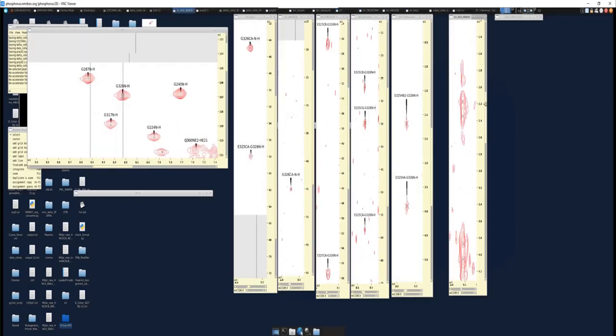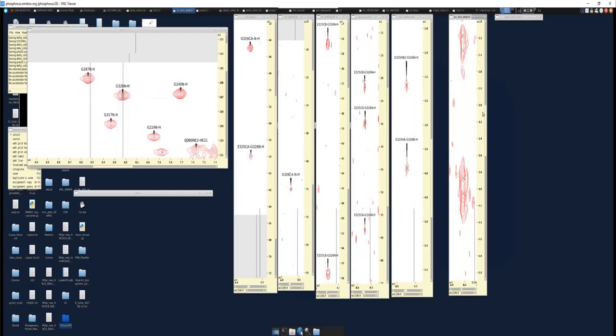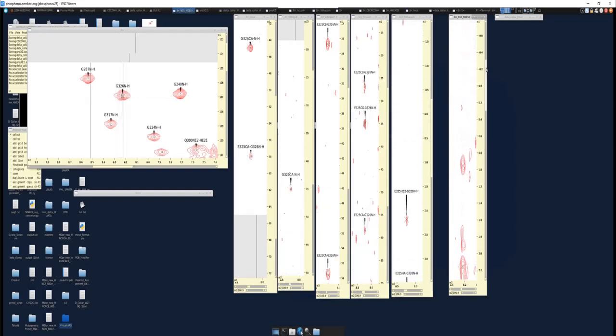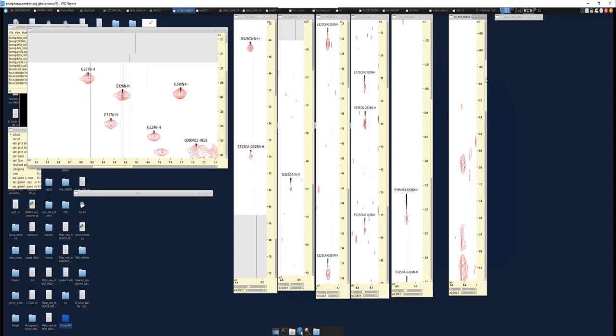You can see in this scenario that this glycine contains H-alphas, both for potentially itself, and you can see this lines up quite nicely with the HBHACONH, so it's I-1. You can see it has H-betas that match with the I-1. Glycine doesn't have an H-beta, so this is probably something else through space. And it even has connections to a methyl group that's through space.